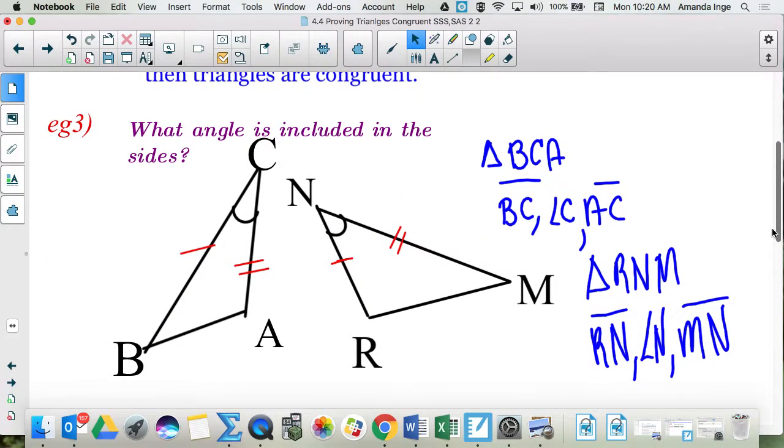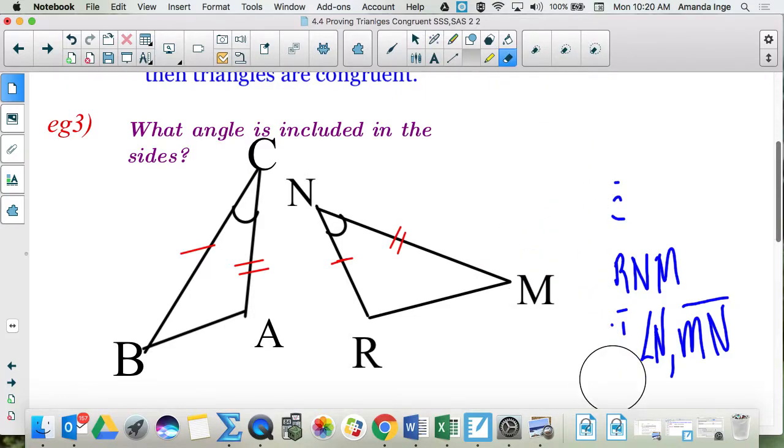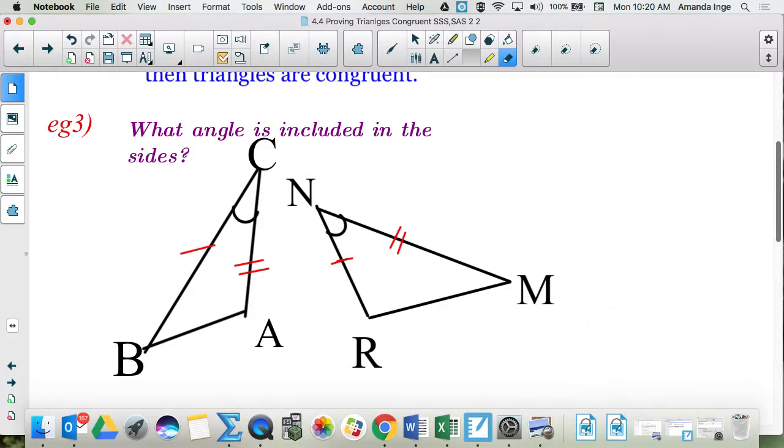So up here I have a picture, not a very good picture, but a picture of 2 triangles. And so my question is, what angle is included in the sides? On the first triangle, A, B, C, I have 2 sides.